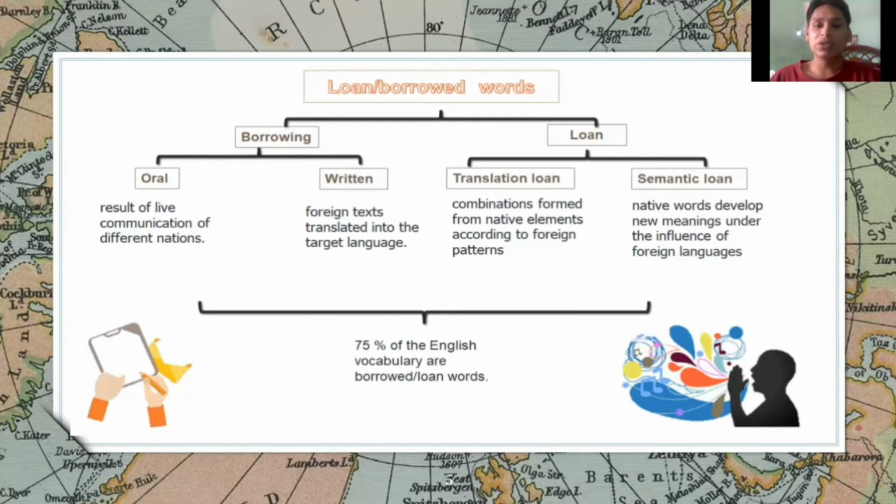In the loan, we have the translation loan and the semantic loan. The translation loans are combinations formed from native elements according to foreign patterns, and semantic loans are native words that developed new meanings under the influence of a foreign language. The loan and borrowed words form part of the seventy-five percent of the English vocabulary.